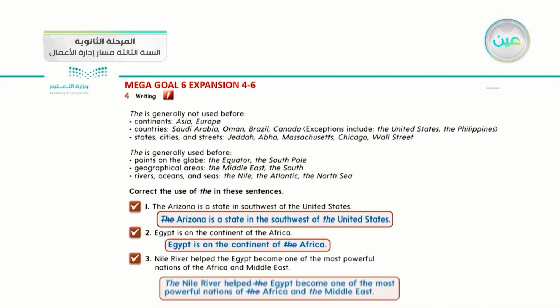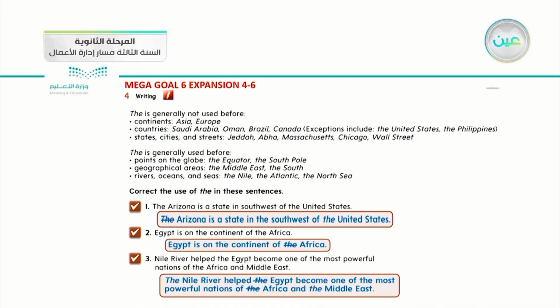Okay, the Nile River, because a river is a geographical feature, so we can use the article with it. Then I omit it before Egypt, and before Africa because it is a continent, and the Middle East.